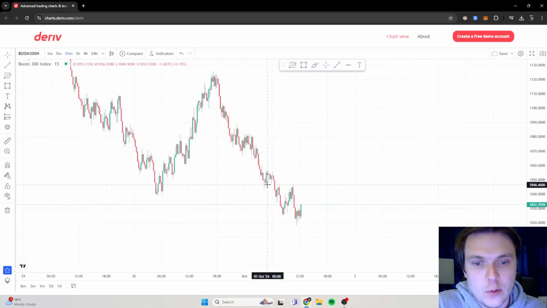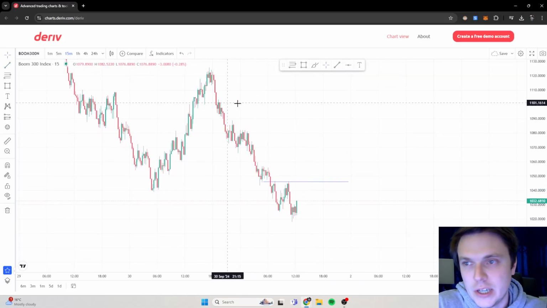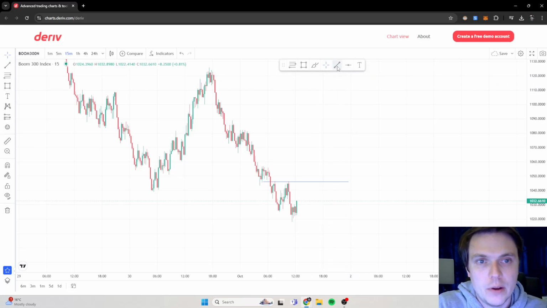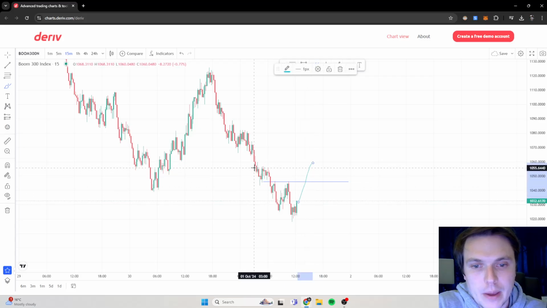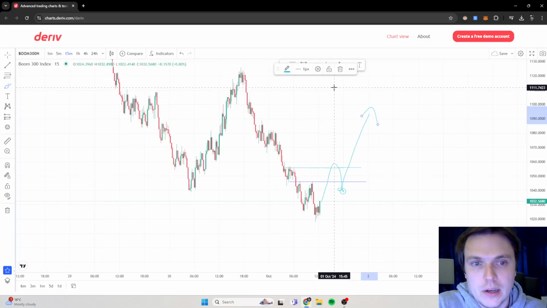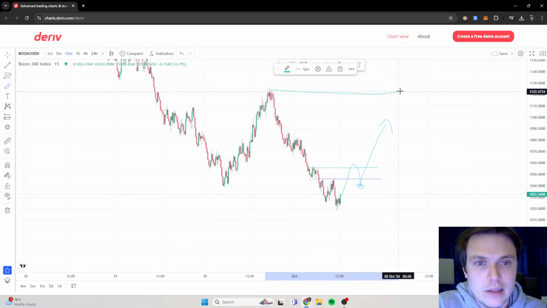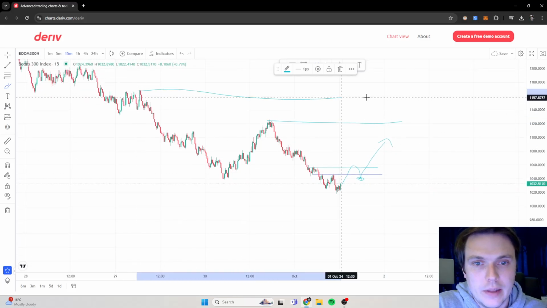For example, we need to break these type of little highs over here. You can also check it on the 30 and 1-hour time frames, but we will need something like a break here, maybe even breaking those highs over there, break there, coming into an order block again, and that would be a massive buy, in my personal opinion, that you can take. You can take it until this high, you can take it until that high.